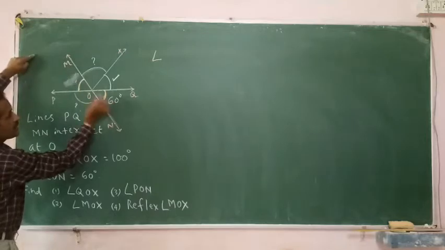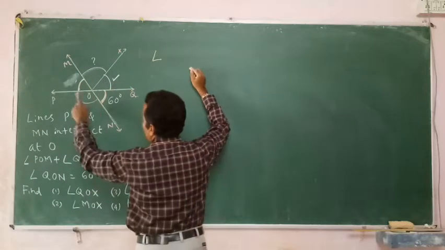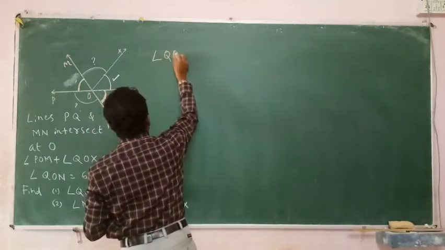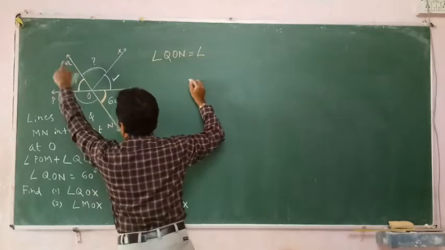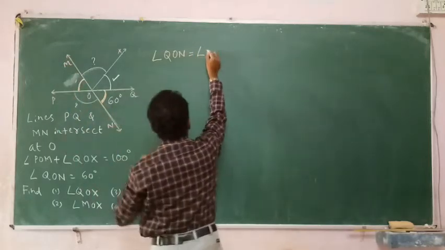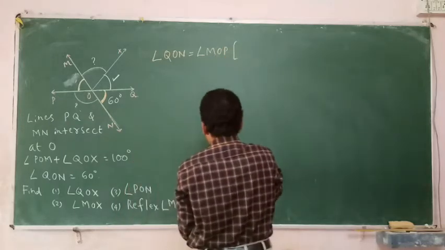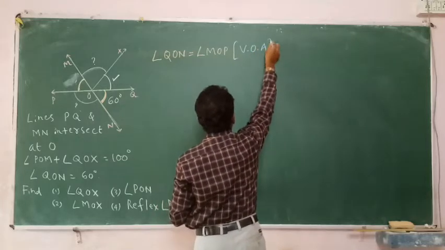When this is 60, this is also 60. Let me write first. Angle QON is equals to angle MOP. This is because vertically opposite angles.